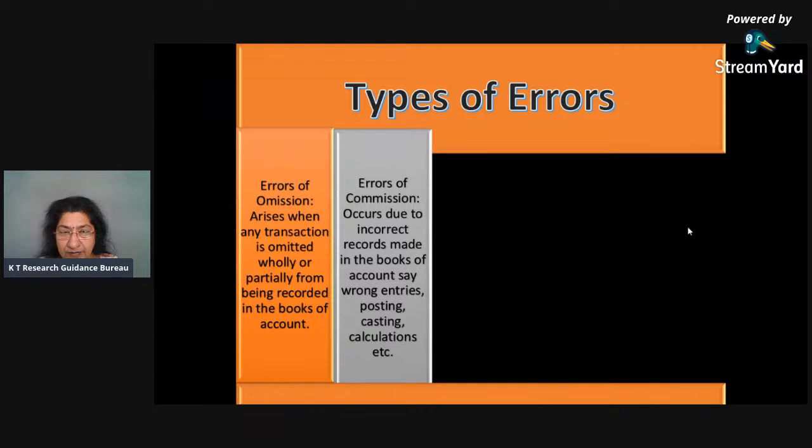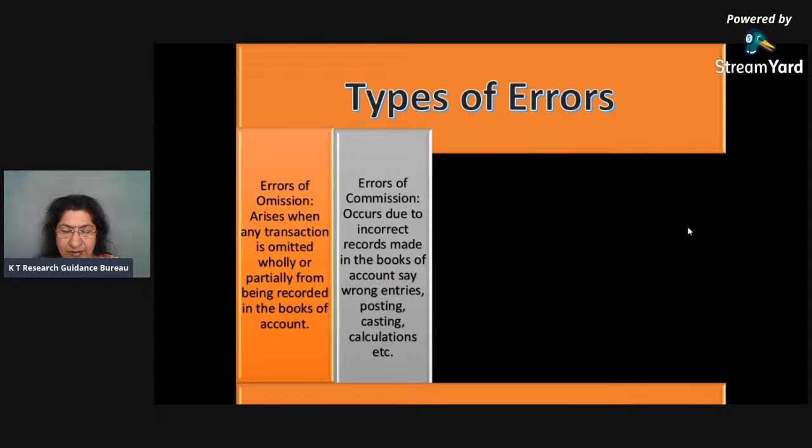Suppose this rent you consider as a cash transaction or personal transaction, but this is the rent, this is your expenditure, so you have to debit your rent account. And posting errors are also there. Instead of debit you may enter it on the credit side.